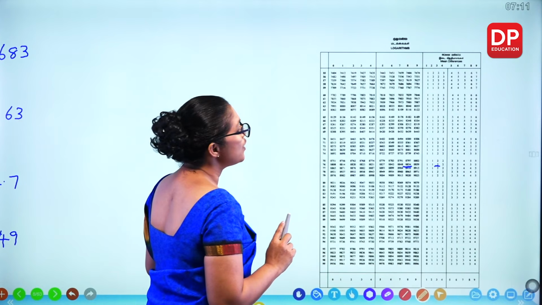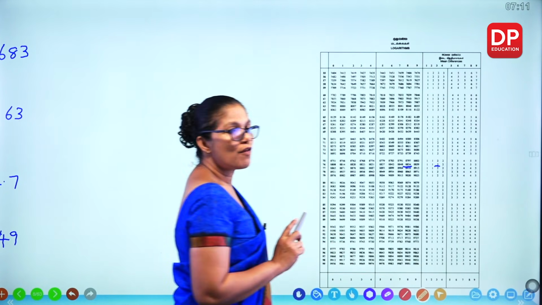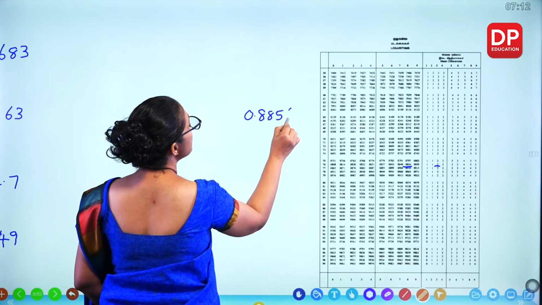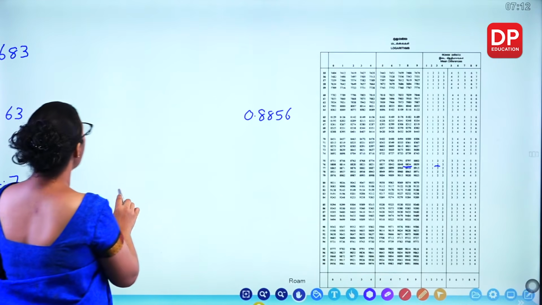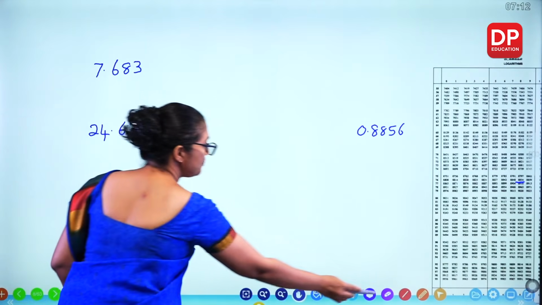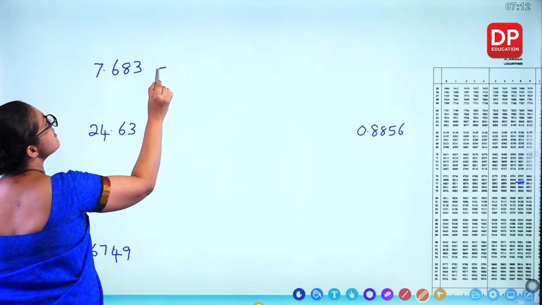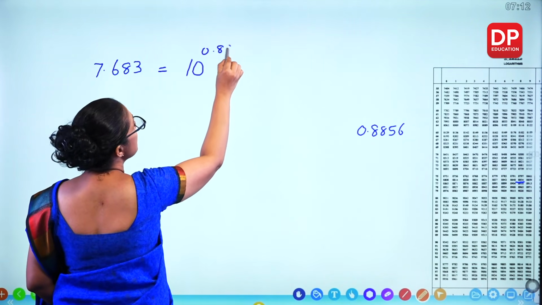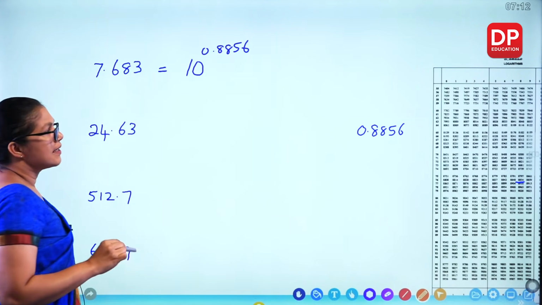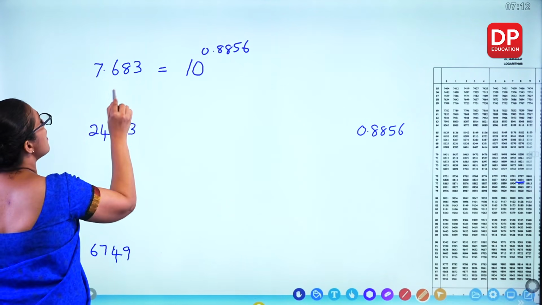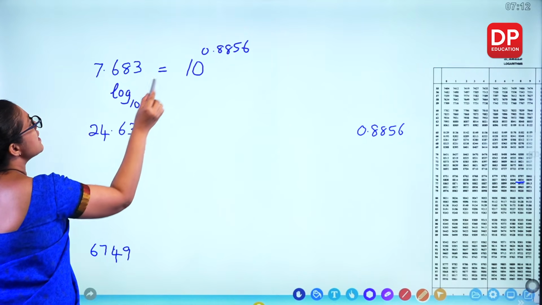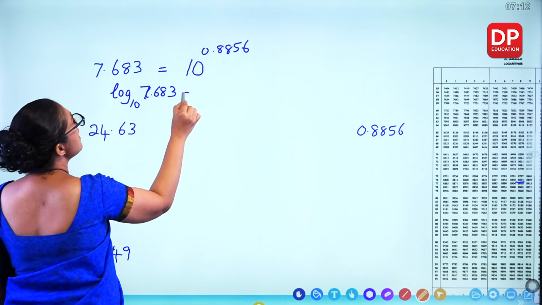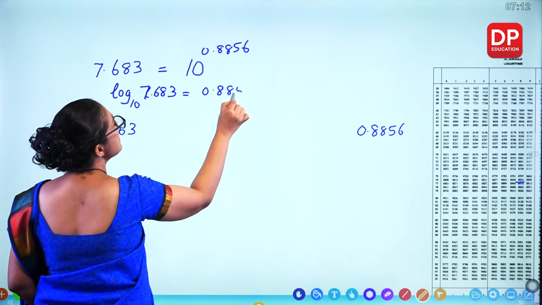So that means you have to add 2 to that. 8854 plus 2, that means 8856. So how can we write down the number? This is equal to 10 to the power 0.8856. Then what's the logarithmic value? Log 10 base 7683 is equal to 0.8856.